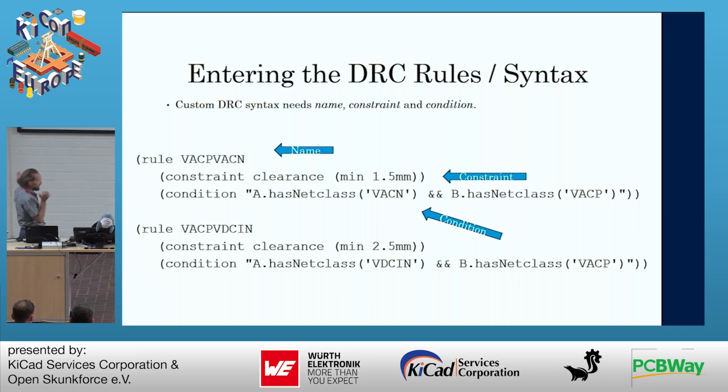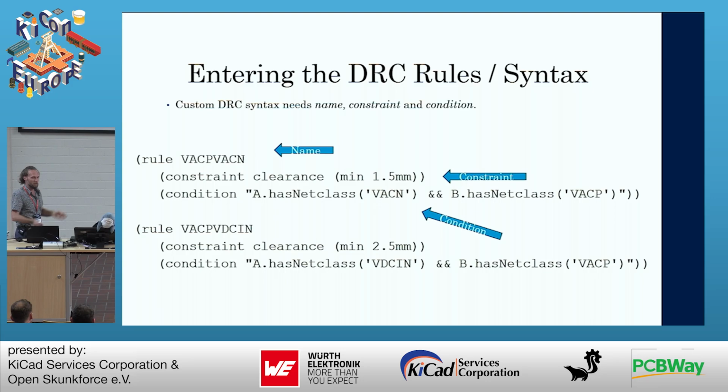So you have a condition that has to be met. And since we're doing net class to net class constraints, the condition is one element, A, has a net class, and that's the name of the net class that you just created. And the second element, this is B, has a net class, and this is another net class that we just created. Remember, we created 6 net classes.